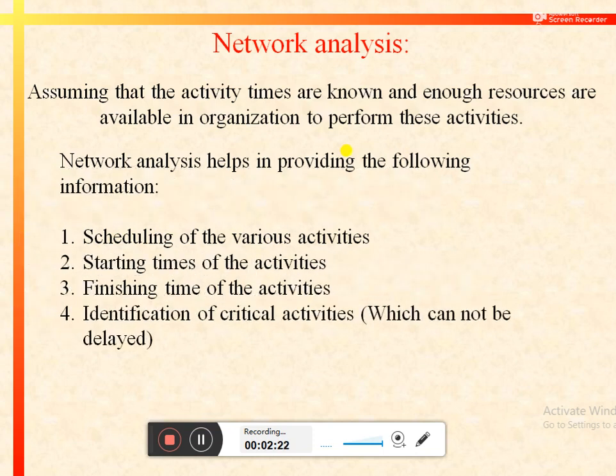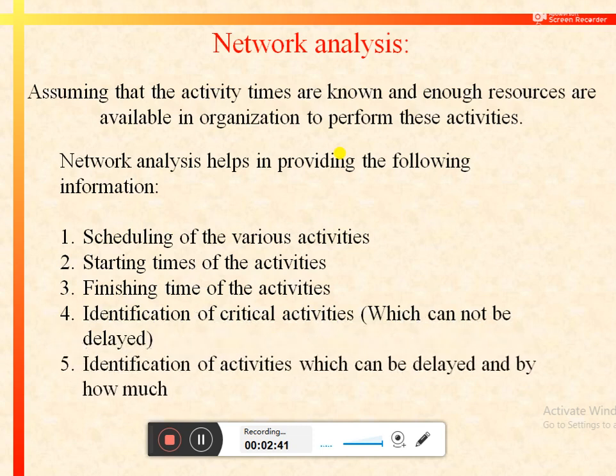And fourth point, identification of critical activities. By analyzing the network of different activities, we can identify the activities which are critical for the project, or which cannot be delayed.